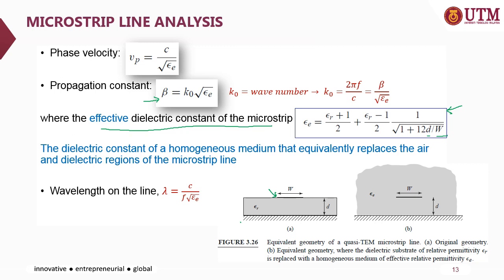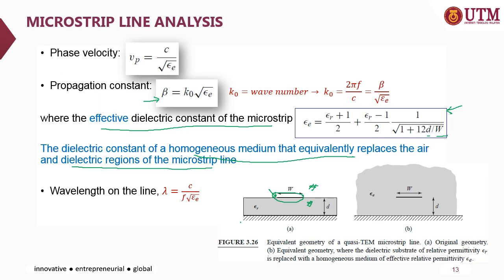Why do we need to consider the effective dielectric constant, epsilon e? Because the effective dielectric constant considers a homogeneous medium that replaces the air and the dielectric region of the microstrip. The microstrip line is exposed to two different properties: the air and the dielectric materials.